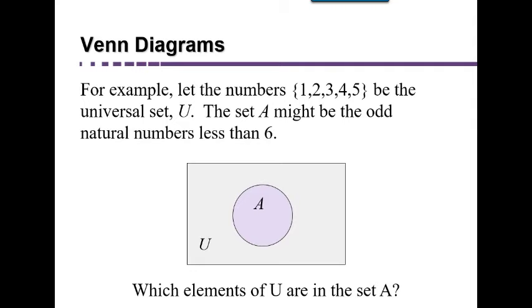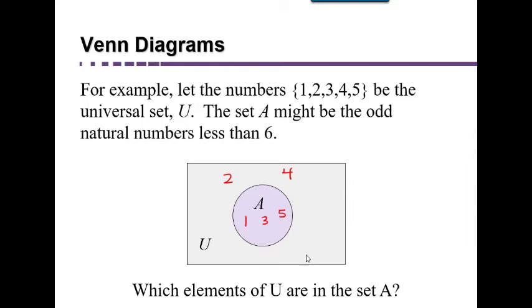So when we're looking at this diagram, it is basically divided into two regions, and one region is what's outside of A and the other region is what's inside of A. So since the set A consists of 1, 3, and 5, it would be correct to place those elements within the set A. It would be incorrect to also place one of them outside of set A. In any Venn diagram there is exactly one region that is correct for each unique element.